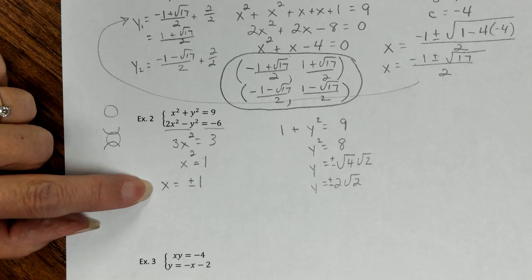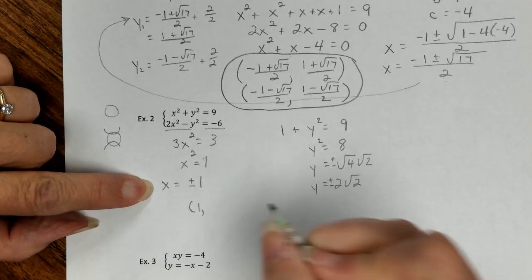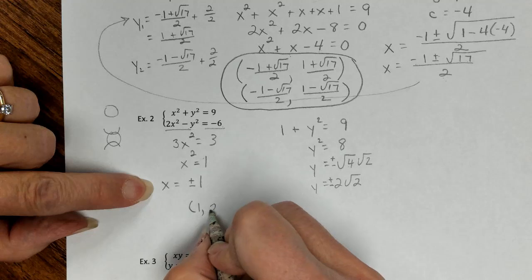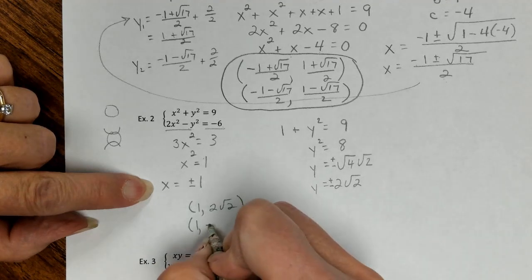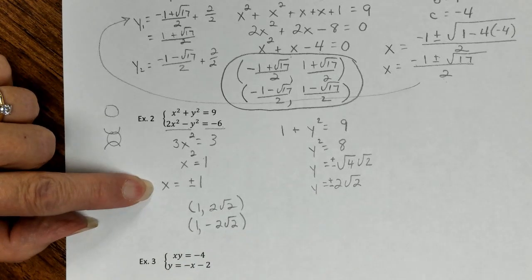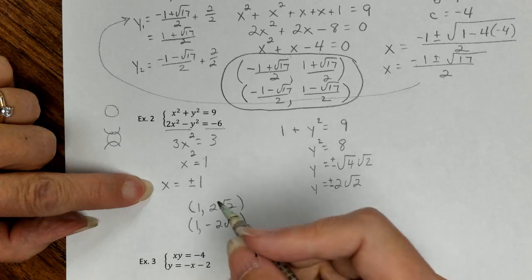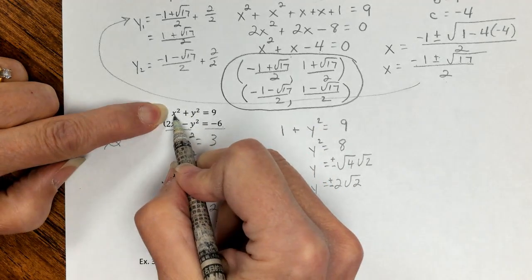So when x is +1, because that's what I put in, y could be 2 root 2, or when x is 1, y can be -2 root 2. I didn't do when x is -1 yet. Looks like we're getting 4 answers for this one. Okay, so when we put a -1 in here, when you square anything, you're getting a positive.